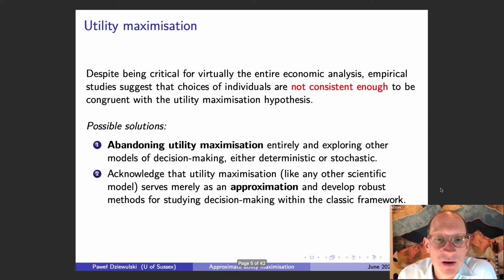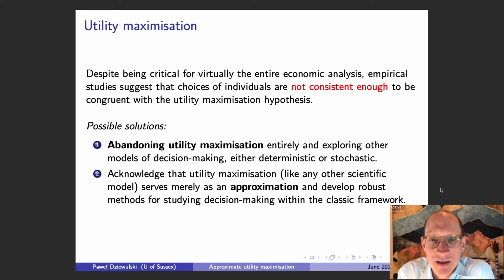Now, the other way of approaching this, a slightly more moderate way, is to simply accept the fact that utility maximization, essentially by assumption, is just an approximation of how people behave, and nobody really believes that it's an exact hypothesis.